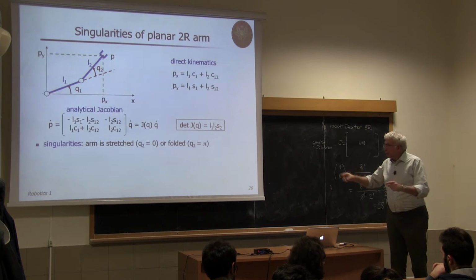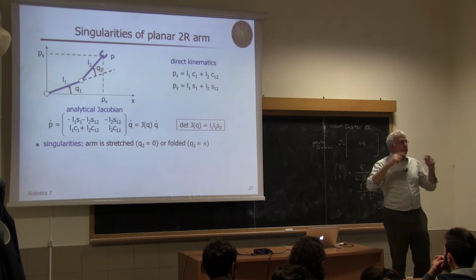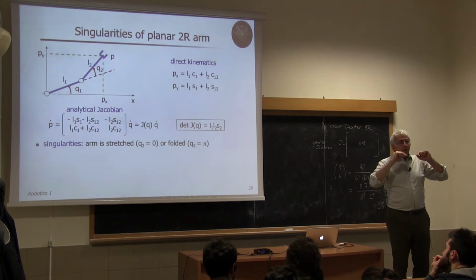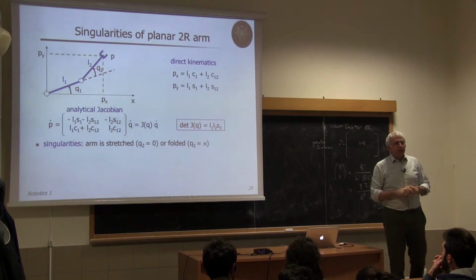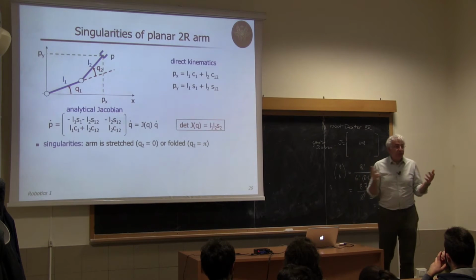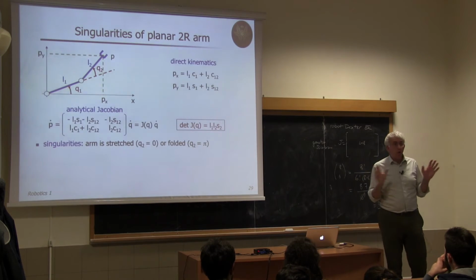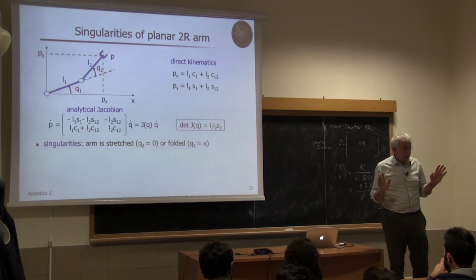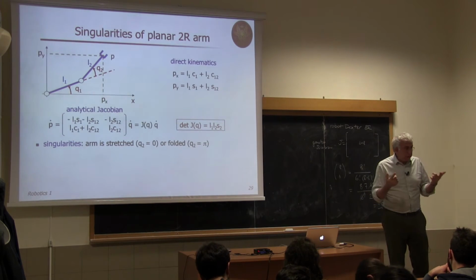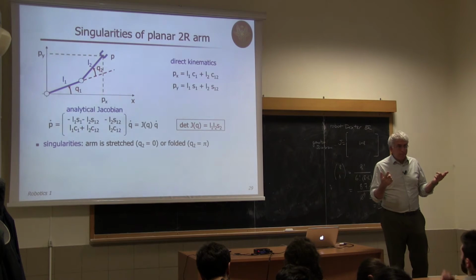But in fact, they correspond to situations in the Cartesian space. If I put my end effector there and try to find all inverse kinematic solutions, I will find a number which is different from the generic one. So I don't find two solutions, but I may find one solution or infinite solutions.